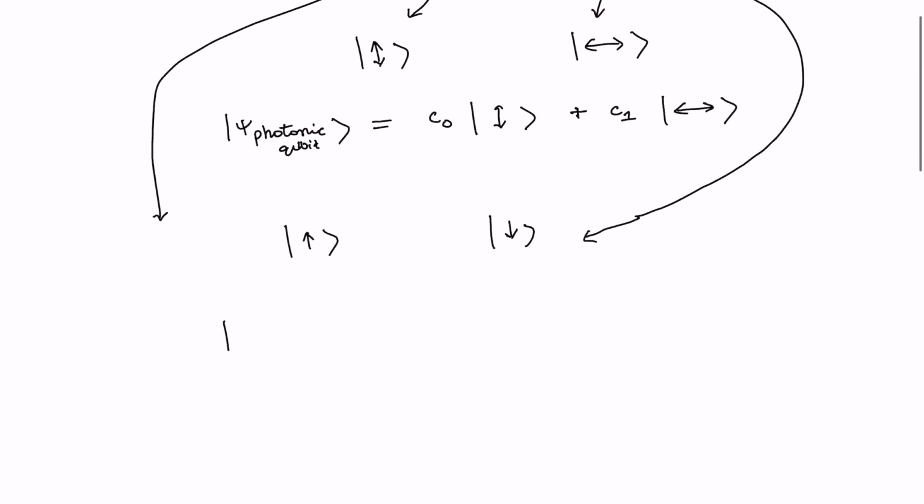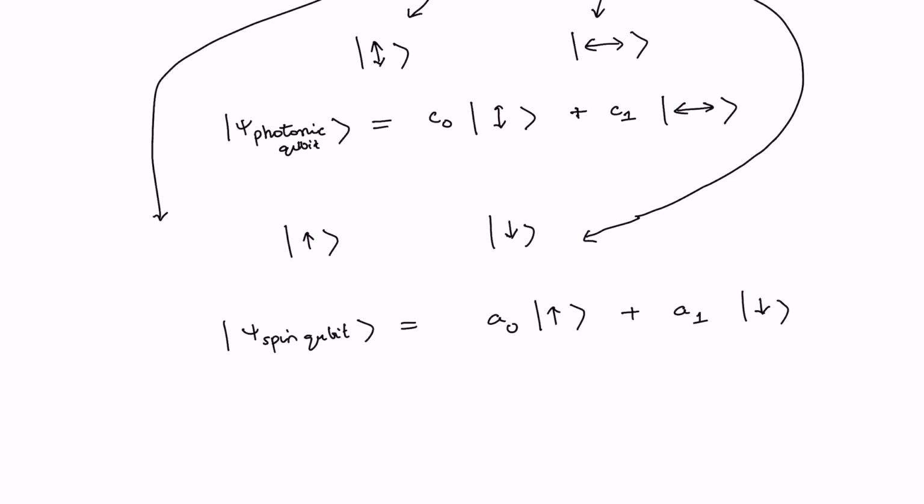The quantum state for the spin qubit is going to be a superposition of the up state, with associated amplitude A0, and the down state, that means the spin minus half state, with A1 as the amplitude coefficient. So this is the representation of a spin qubit system.